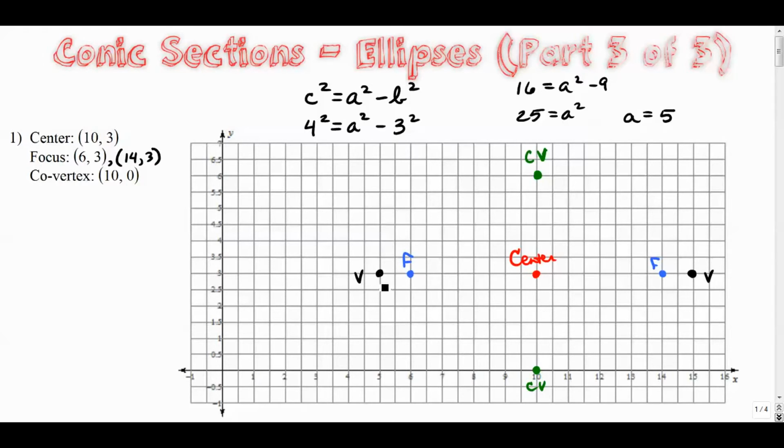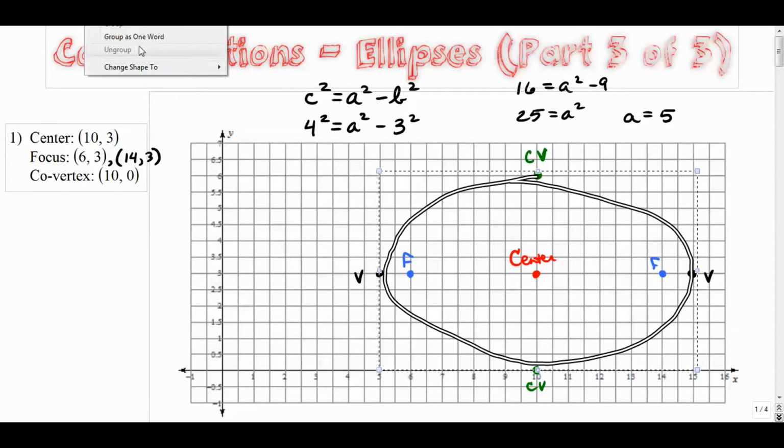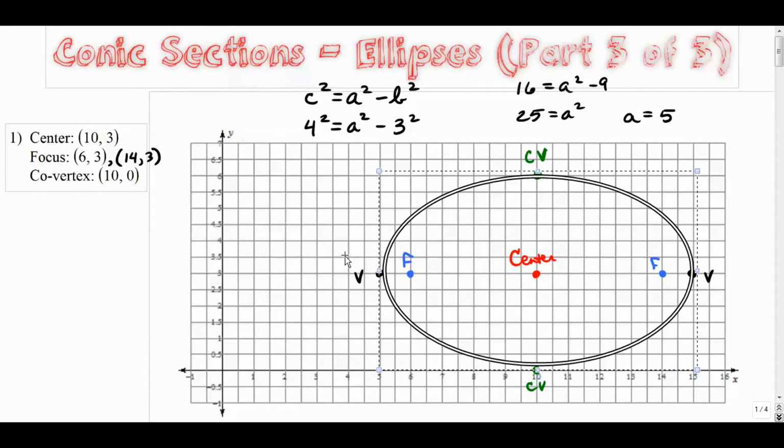This distance is 5 units, lowercase a. Alright, here comes the fun part. We're going to connect all these points together. I'm going to be really sloppy with mine because I figured out this new tool that I can use where I can turn that into an ellipse and manipulate it as necessary.